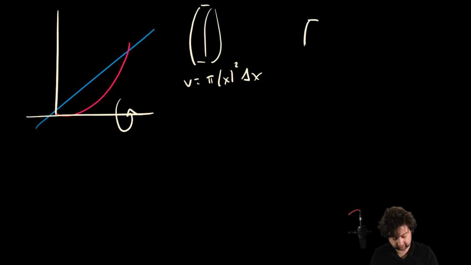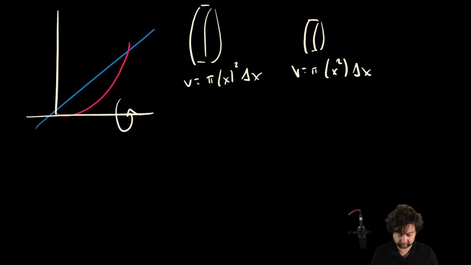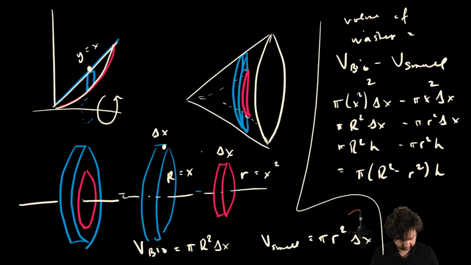And for the little cylinder, we think of it as pi x squared delta x. Which means I actually made a mistake here, because the volume of the big washer is x. So this should have been an x, and this should be an x squared, squared. Okay.